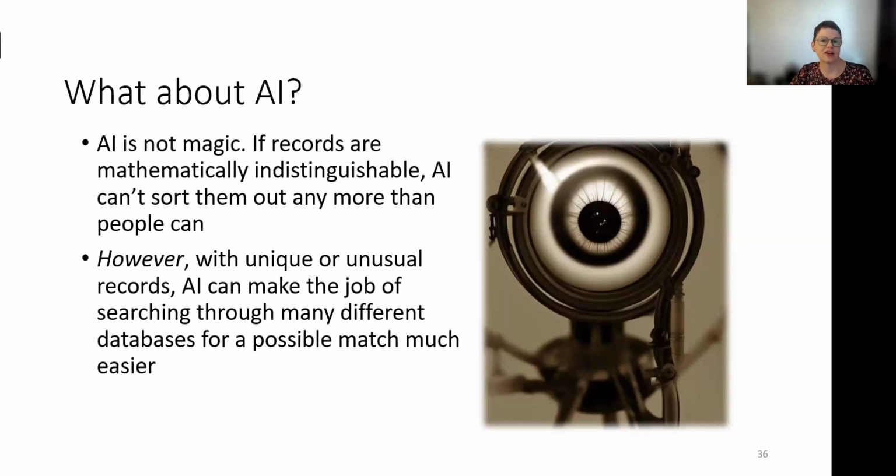The problem that artificial intelligence is bringing is not that it can do magical things that people couldn't do. It's that it makes it much easier for more people to do it, and you can no longer trust that your data will be anonymous because it's obscure.